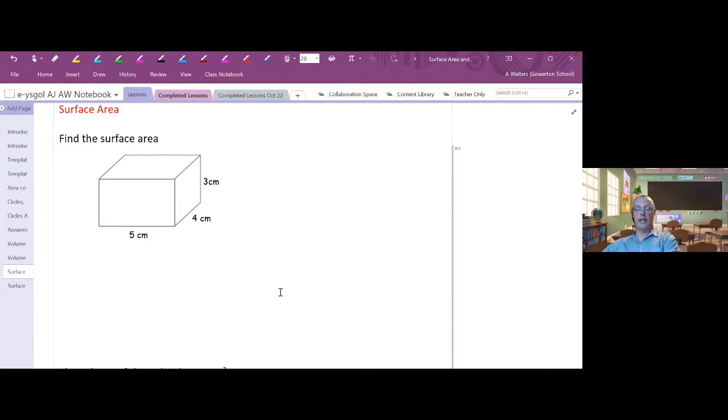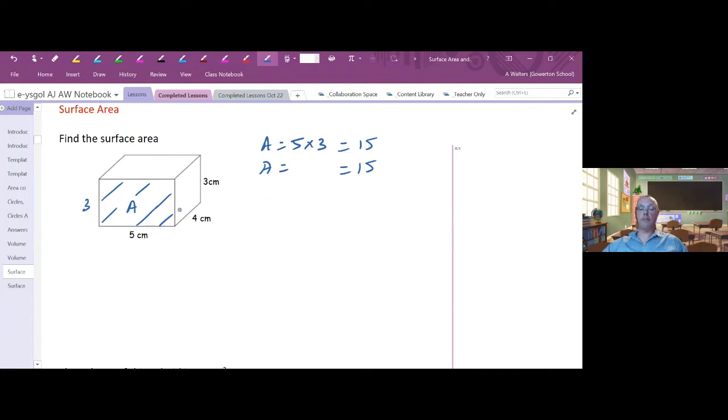Okay, so what I tend to do is I label the sides A, B, and C. So if I call this side A, the front face for me, 5 across, 3 down, because there's 3 there. So I write A equals 5 times 3. And there's another A at the back. So I'm not going to work that out, but I'm going to write 15 there. So A at the front and A at the back.